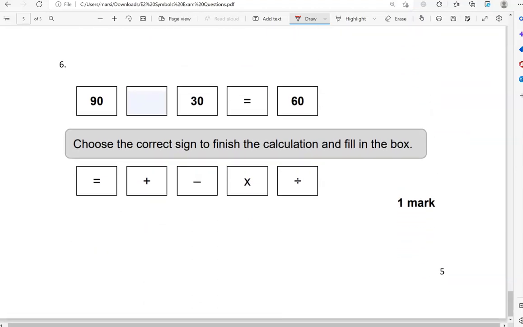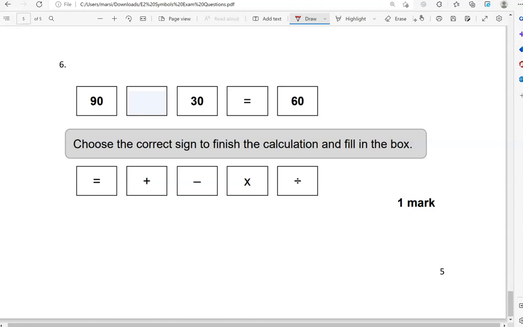90, missing symbol, 30 equals 60. Is that equal? So 90 equals 30 equals 60. That doesn't work. We've got an equal symbol already in there, so we don't need another one. 90 add 30, does that equal 60?